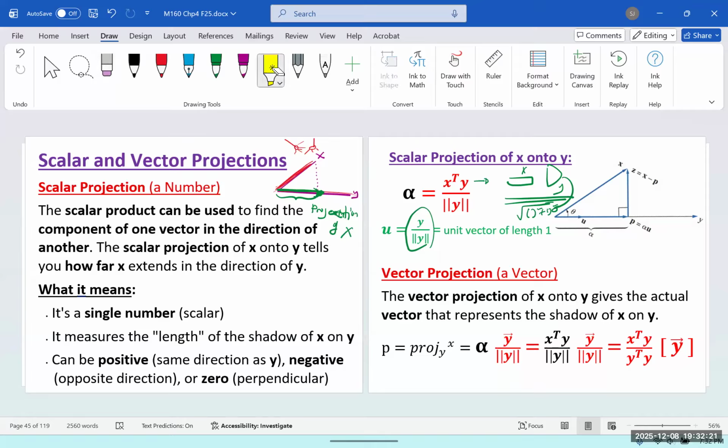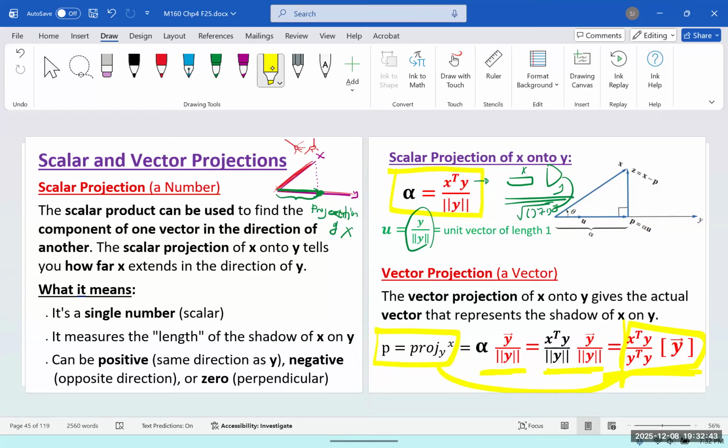My favorite formula is this one because it is easier to remember. And for the vector projection, this is my favorite formula. All these formulas are correct for projection vector. You just have to use one of them. The best one, I think, is the last one.